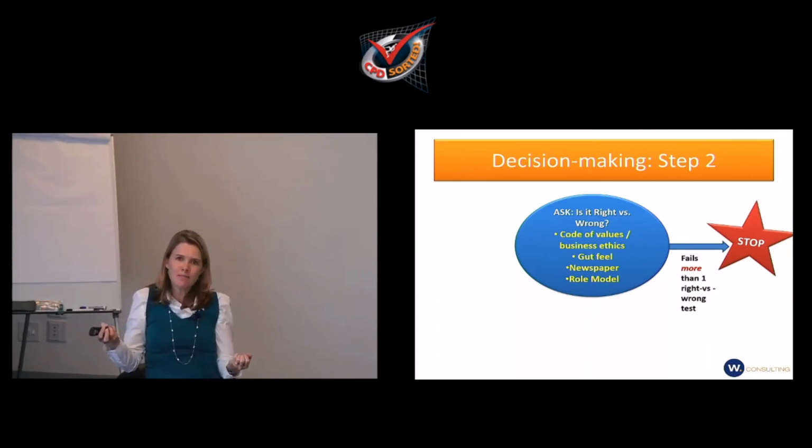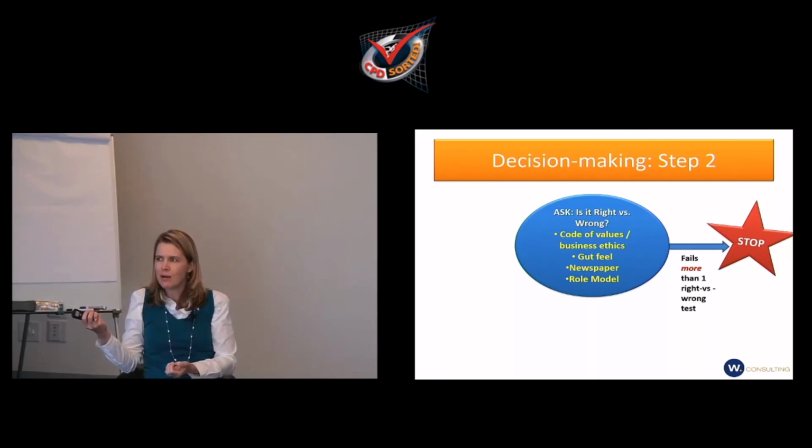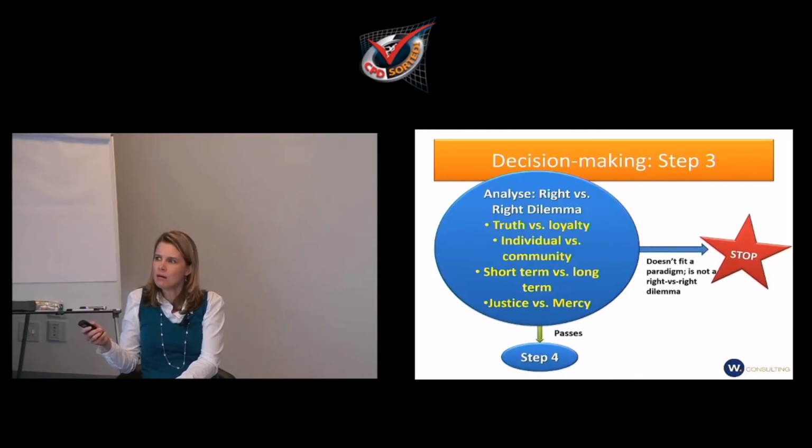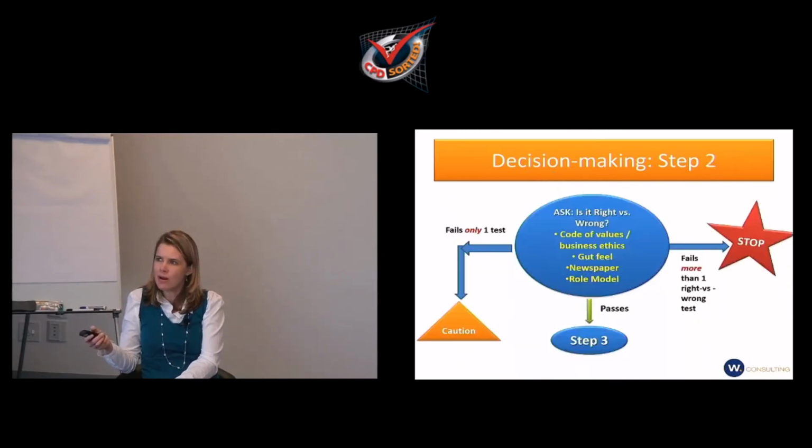Or what would my mother say? Or is it keeping me awake at night? If it fails more than one of these tests, then it is not ethical, and we stop it, and we report it or do something about it, or have an assertive conversation. However, if it only fails one of these tests, you just proceed with caution. Otherwise, you go down to step 3.